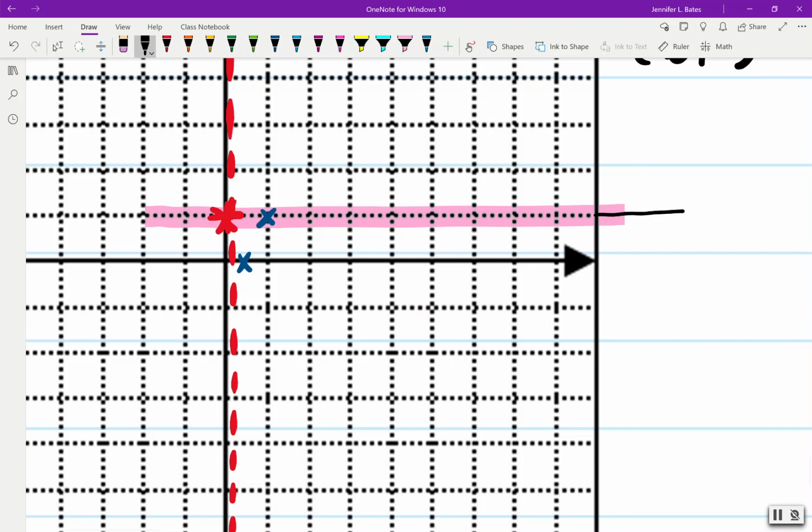We're going to call this 10. So then 10, 1 will be here. So just extend our graph just a little bit.